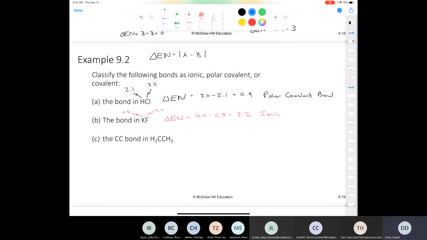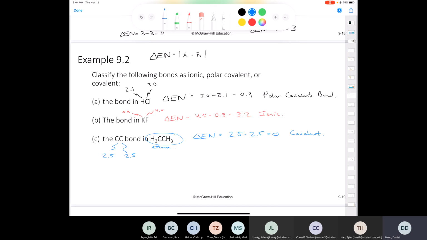Finally, if we look at the carbon-carbon bond in this molecule, this is ethane. Well, my delta En, carbon has an electronegativity of 2.5, and the other carbon has an electronegativity of 2.5. 2.5 minus 2.5 is 0. This is a purely covalent bond.